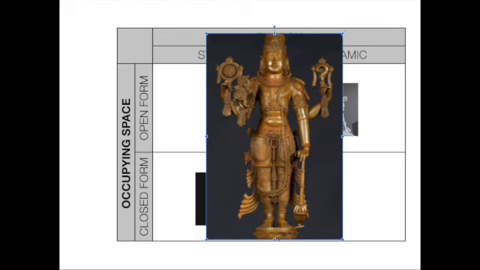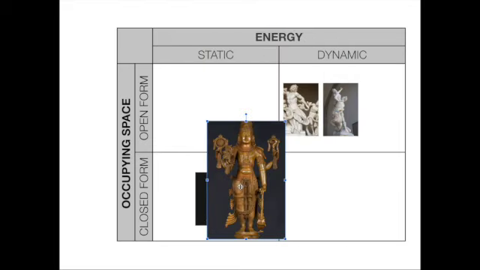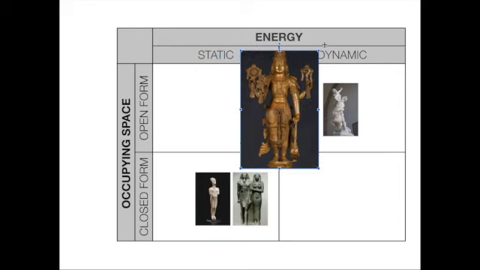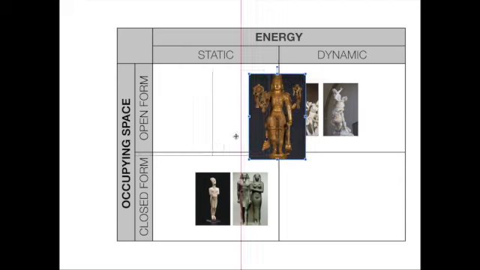So for me, I would say that this image is actually kind of open, right? So I'm going to place it in this row here. And the reason that I'm saying that this is an open form is because we do have these little bits of negative space in between. Right? And from here, I would assess that this image is actually a little bit more static.